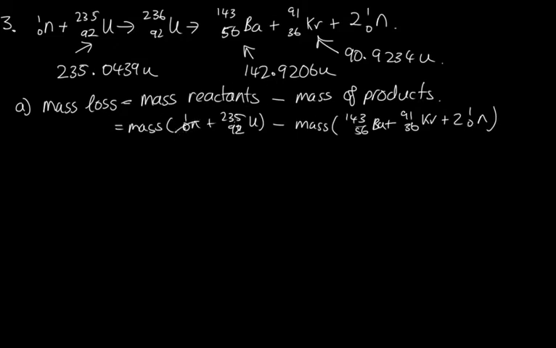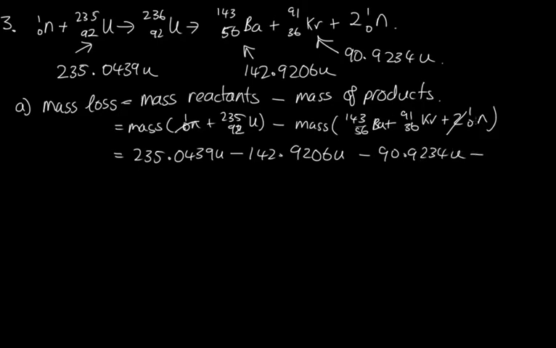Now this neutron will cancel out one of these neutrons here. So now we can just substitute everything in. We've got 235.0439 atomic mass units minus 142.9206 atomic mass units minus the krypton, which is 90.9234 atomic mass units. Now we have to subtract off the mass of the neutron.